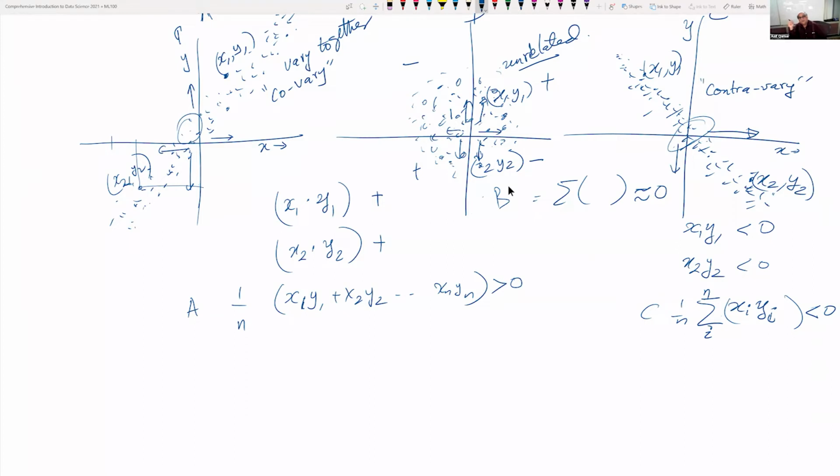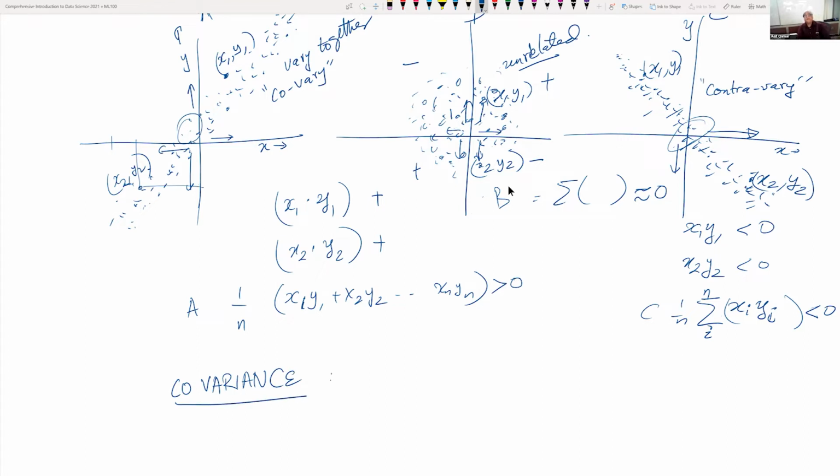So the first and the third quadrant will contribute positive values. The second and the fourth quadrant will contribute negative values. And the end result would be that the sum will sort of cancel out, right? And so he realized this, and he called this expression covariance. So this is the derivation of covariance in statistics.